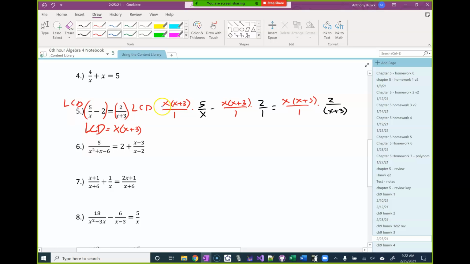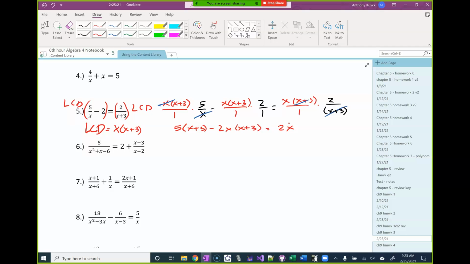Okay, let's do some reducing. So I'm left with 5 times x plus 3 minus 2x times x plus 3 equals 2x. I'm going to distribute and combine like terms. I'm going to do that all in one step, though.